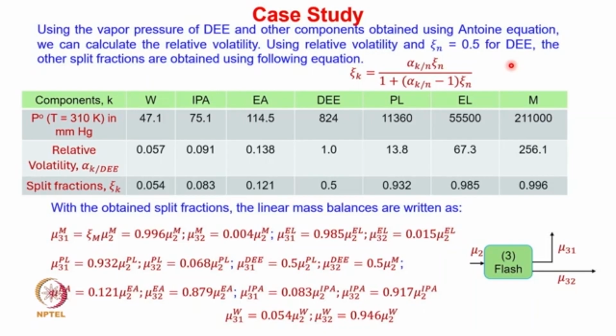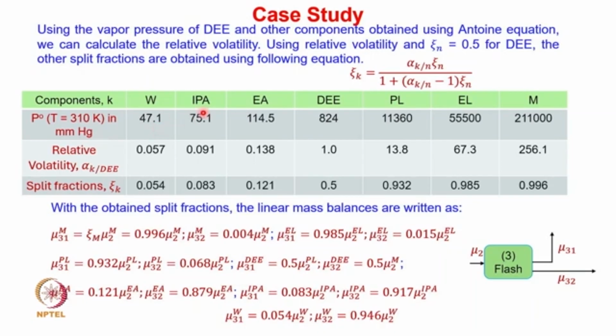Now with respect to this, if we take diethyl ether as a key component, we can calculate the split fractions of other components, isn't it? So in this case there are different components and these are arranged in order of decreasing boiling point. You can see that we can calculate the vapor pressure of each of these components by using the Antoine equation, isn't it?